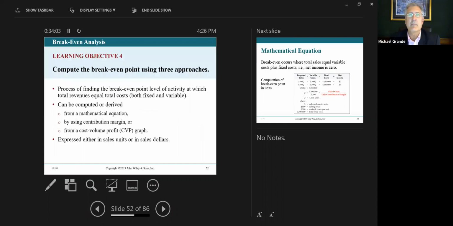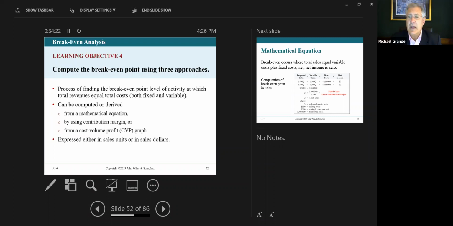So, fourth learning objective, we want to know how to calculate break-even point. Break-even point is that place where revenue equals total costs, both variable and fixed.